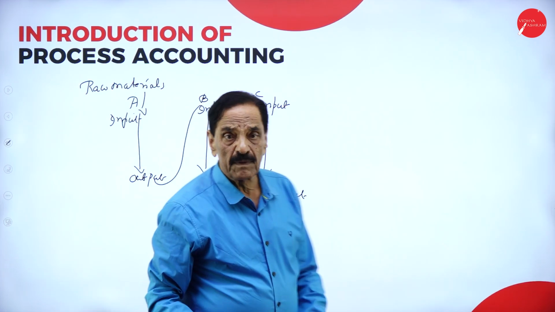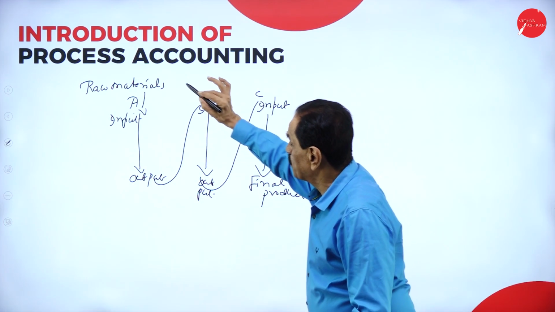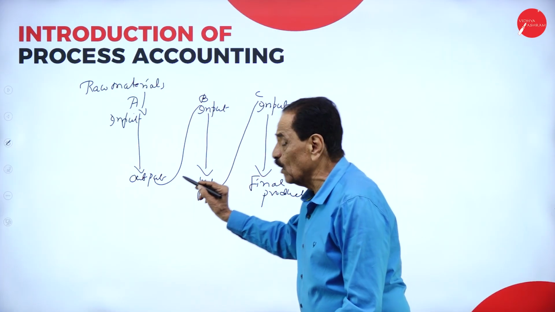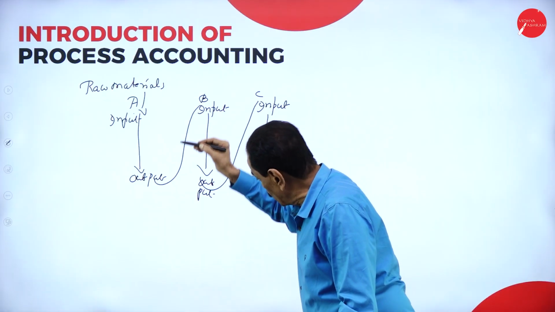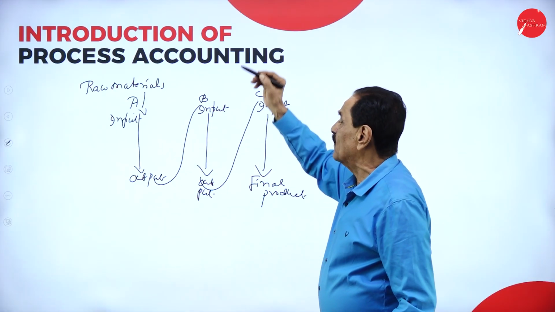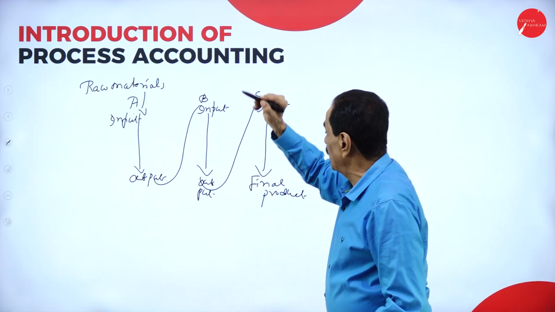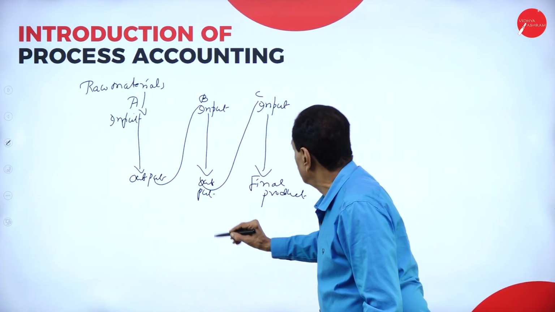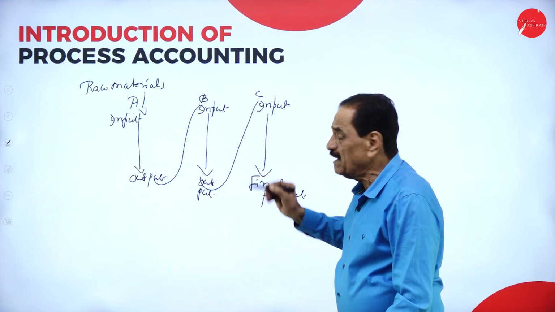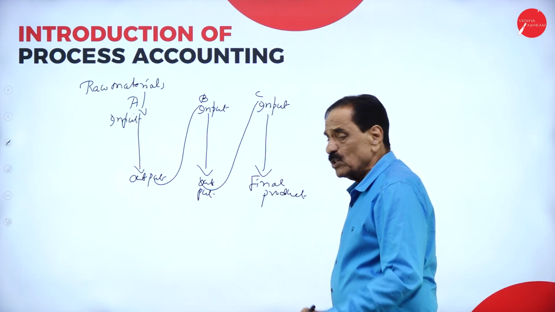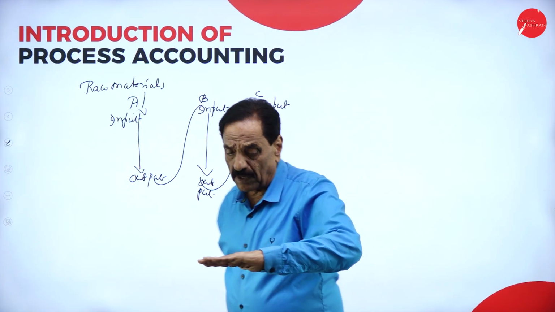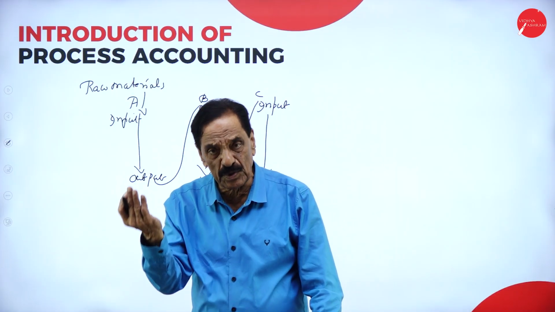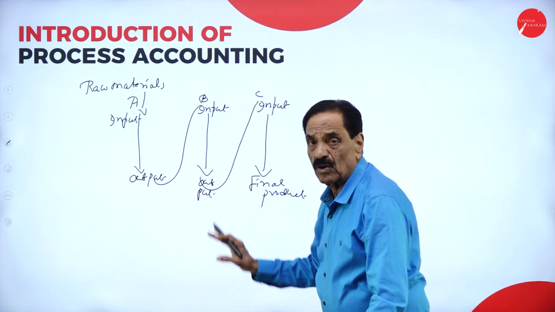You put the raw material in process A, make the expenditure, and get the output. The output of process A becomes the input for process B, then we get the output here. The output of B becomes the input for process C, where we get the final product. So, in order to get the final product, it has to go through process A, process B, and process C. This is the procedure you have to follow.